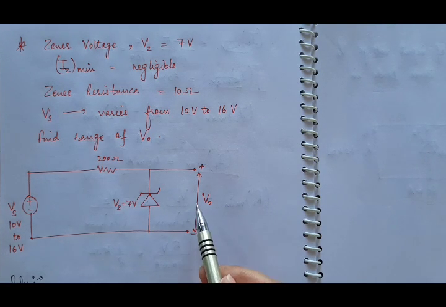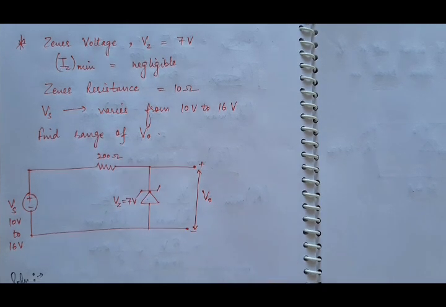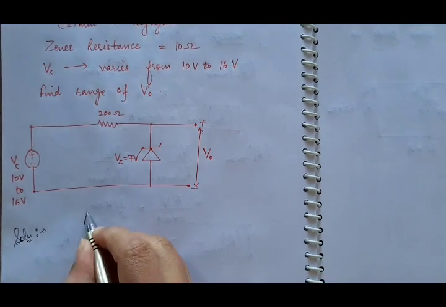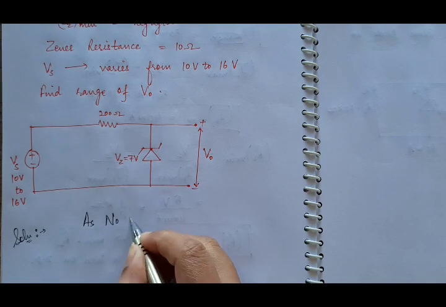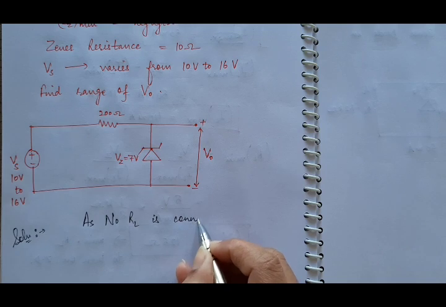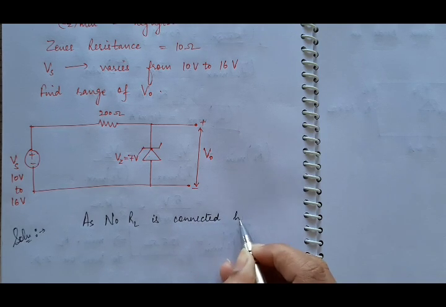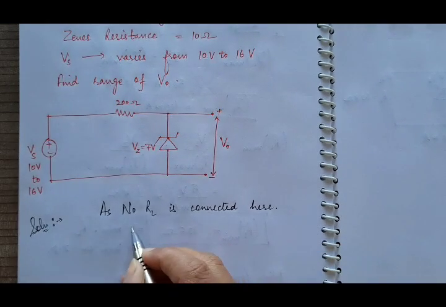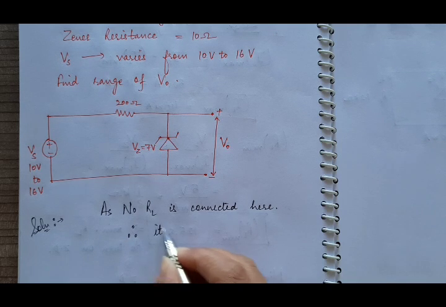So as it is the no load condition, because no load resistance is connected here, as no RL or no load resistance is connected here, therefore it is a no load condition.